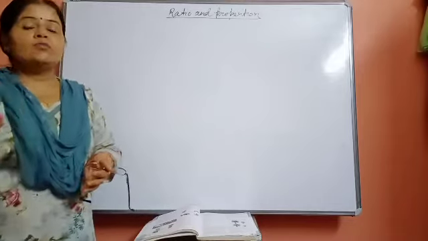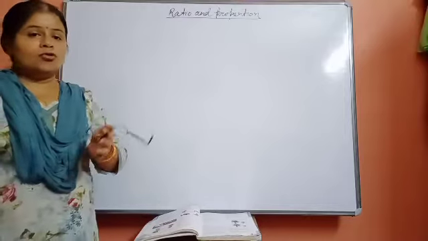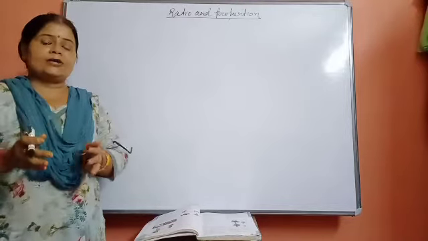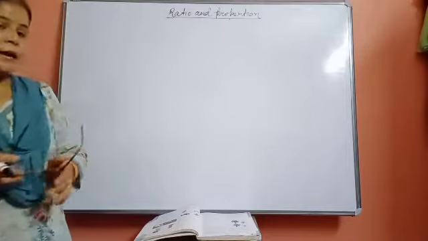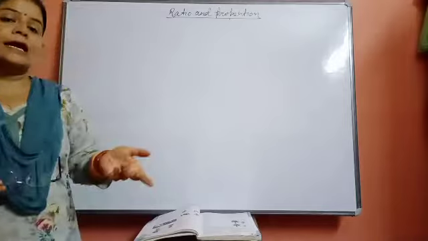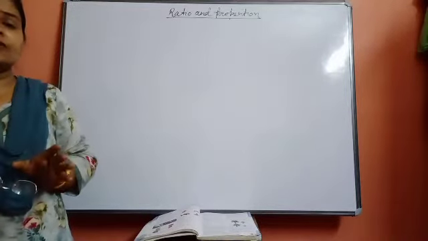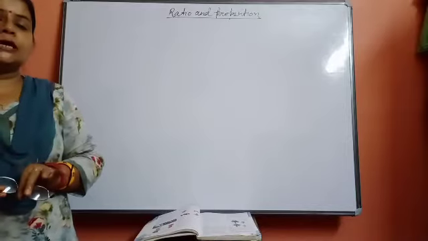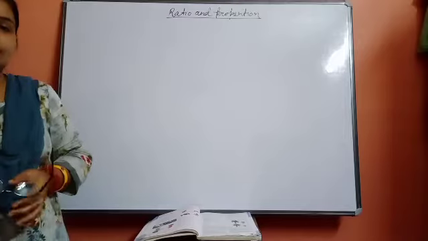We have to increase the number of people, or workers. These kinds of variations are known as inverse variation. In this chapter we are going to do both kinds of questions. Most of them are related to direct variation, and a few questions can be from inverse variation also. Now we are coming to the chapter.